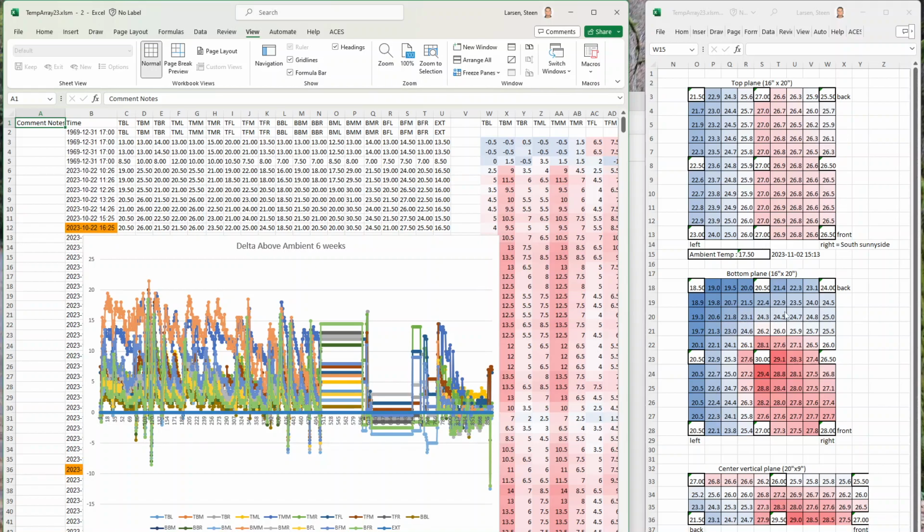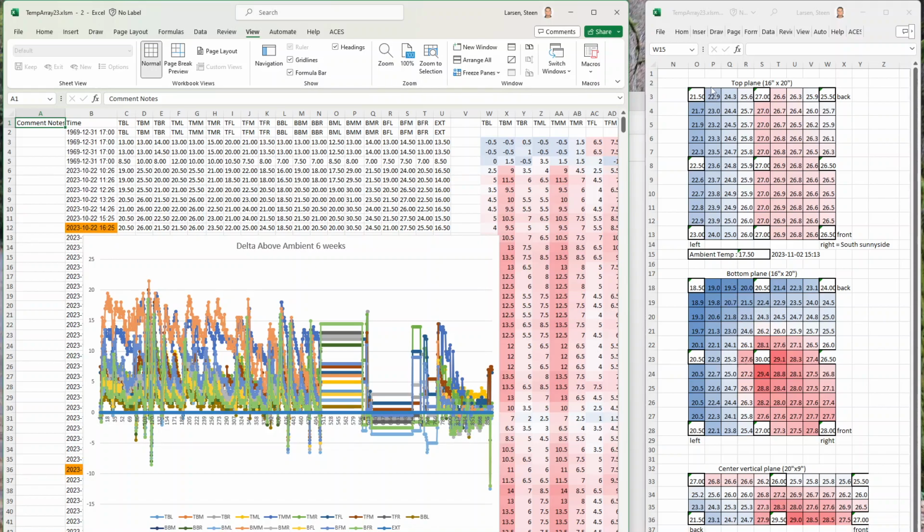Similarly, on the bottom plane, you have a similar 3x3. And then I'm also showing a vertical slice, taking the middle temperature sensors of the top and the bottom. In between, you see linear interpolation between those two points. Like 18.5 and 20.5, so halfway in between, you're expecting around 19.5.